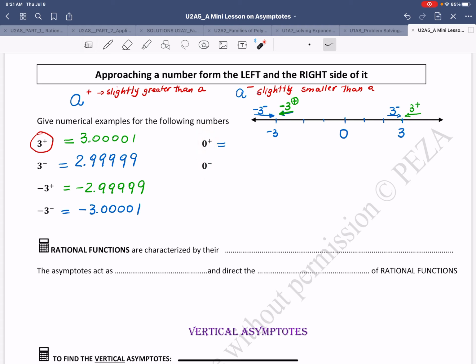And that is because 0 is a neutral number, right? So when we are to the right of 0, we are in the positives. When we are to the left of 0, we are in the negatives. So to the right of 0, we have 0.000001 positive. To the left, we'll have negative 0.00001, right?